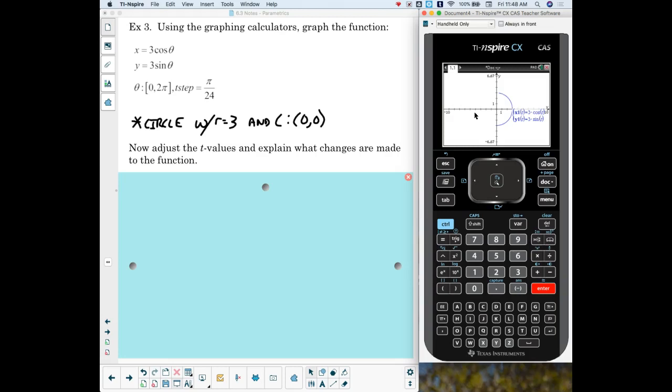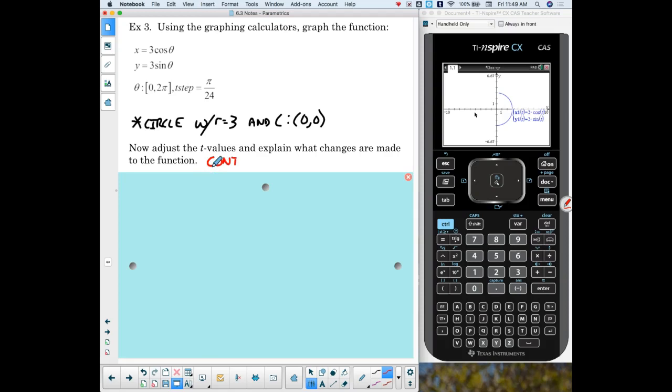So the t values control what part of the function or part of the graph that I see. So our t values control what part of the graph we see.